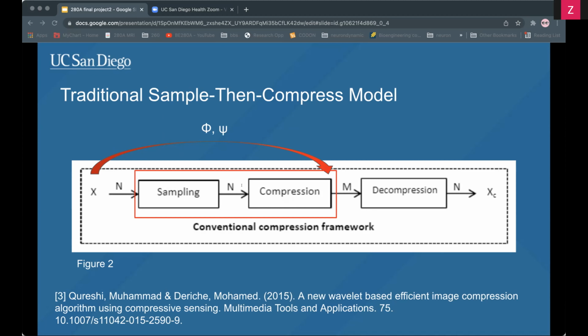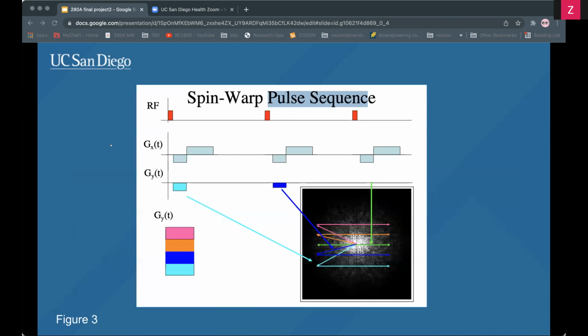So we use compressed sensing: rather than first sampling at a high rate and then compressing the sampled data, we find ways to directly sense the data in compressed form, and reconstruct the image from this data with a series of linear or nonlinear algorithms.